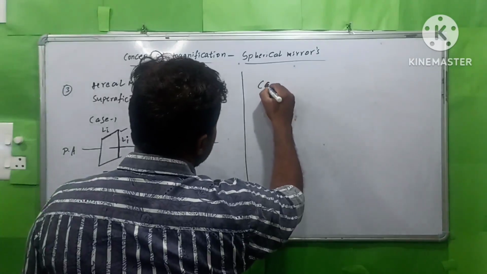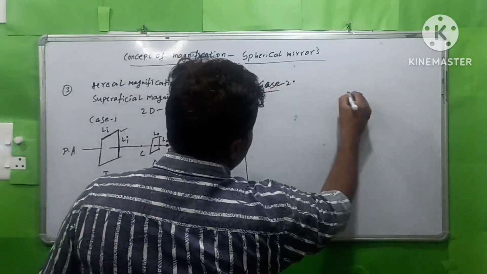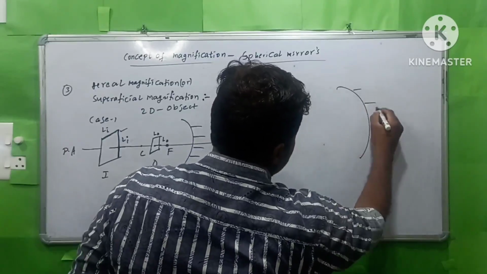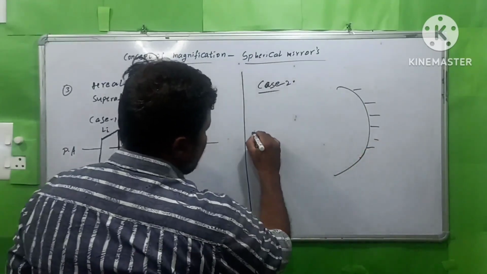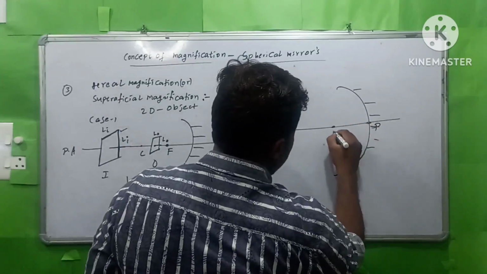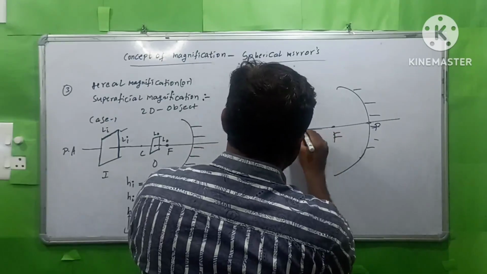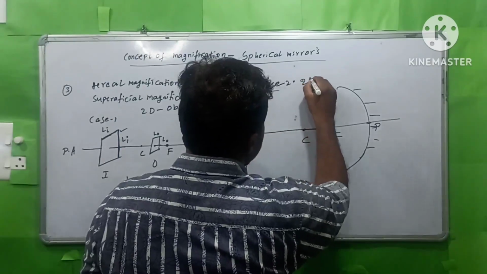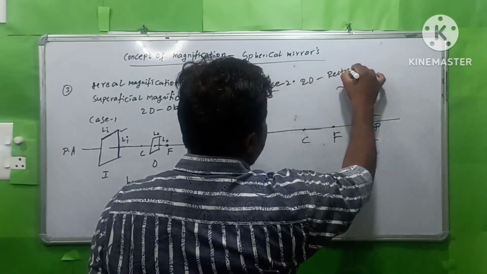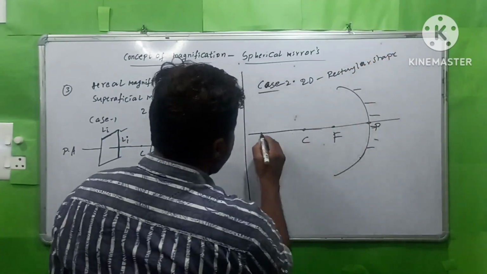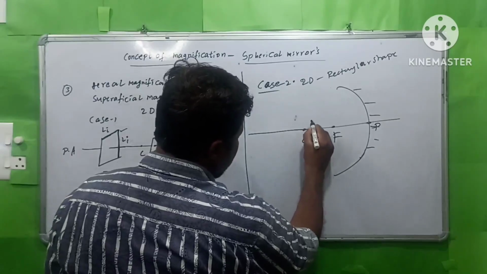Now if you observe case 2, imagine a concave mirror, pole, focus, center of curvature. Let us say a 2D object, nothing but a rectangle, a rectangular shape object is kept along the principal axis like this.